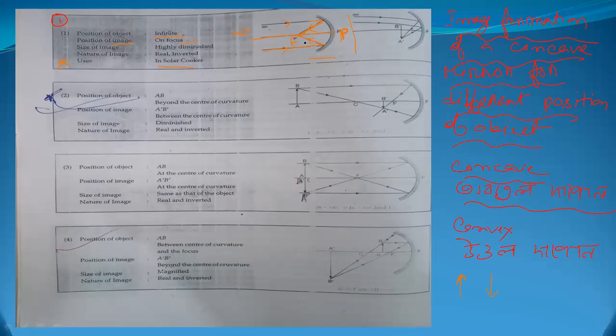Just now I told you the first rule: the rays which are parallel to the principal axis will pass through the focus. But here the rays are not parallel to the principal axis.